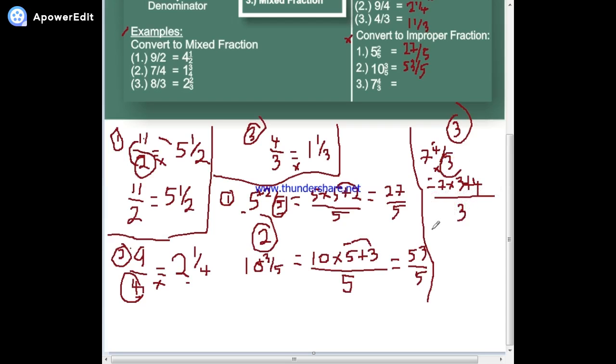So that means we now have 7 times 3, that is 21, and 21 plus 4, that is 25. So our answer will be 25 over 3, which is the denominator of this one.